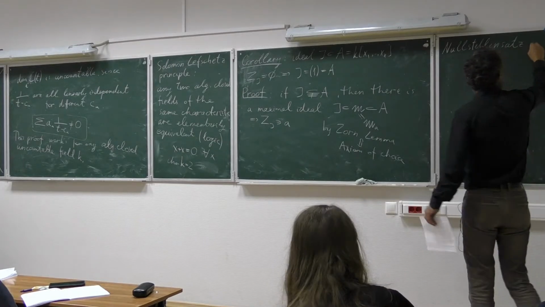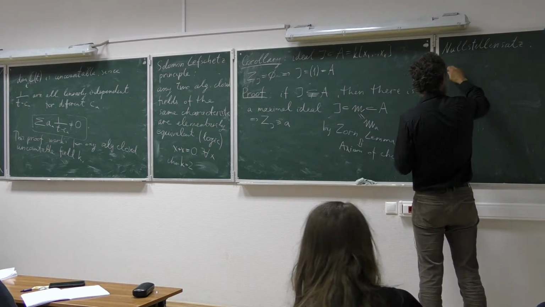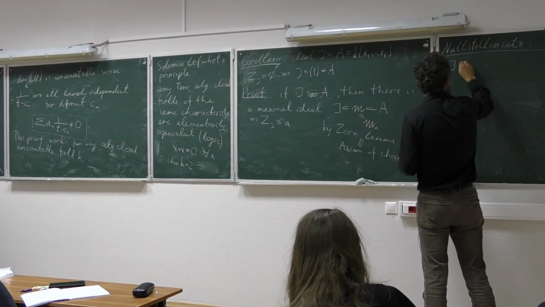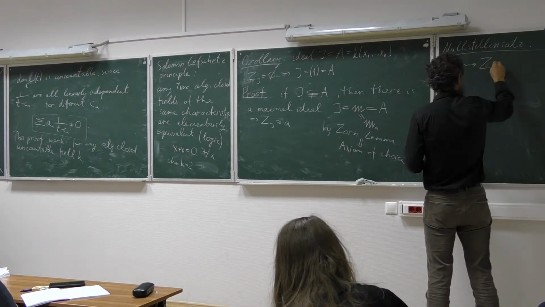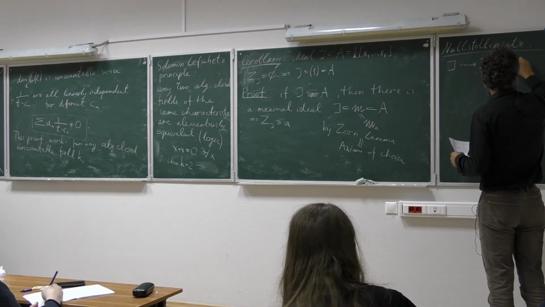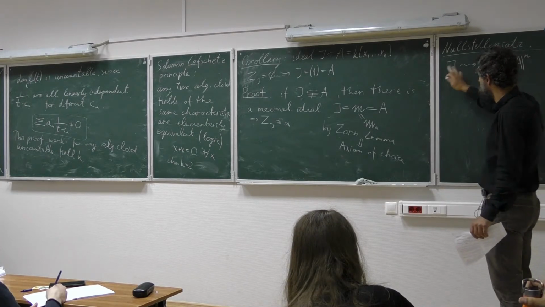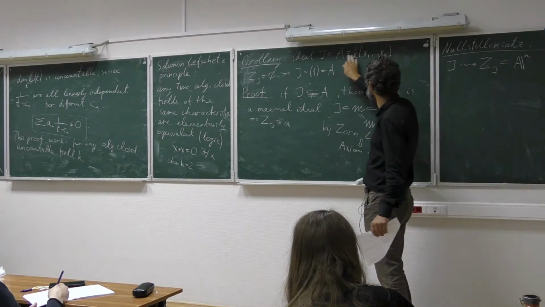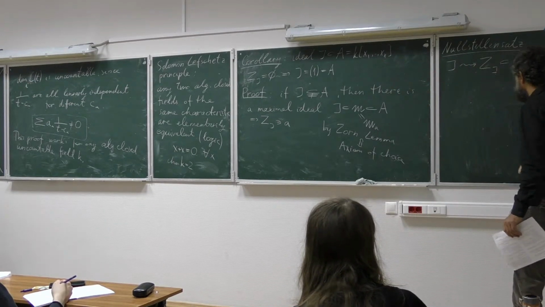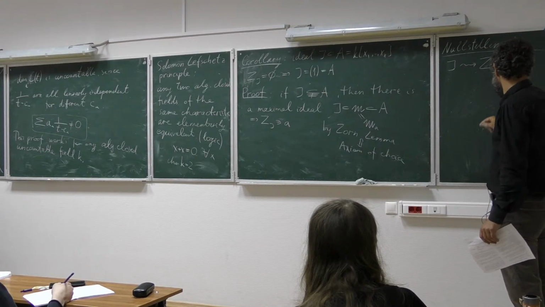Okay, so the Nullstellensatz itself. Suppose we have some ideal J, and it has some zero set Z_J inside just A^n. Okay, so we're talking only about this polynomial algebra so far. Then we'll return to general algebras in a short while.